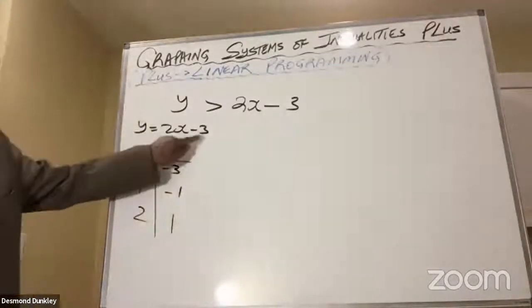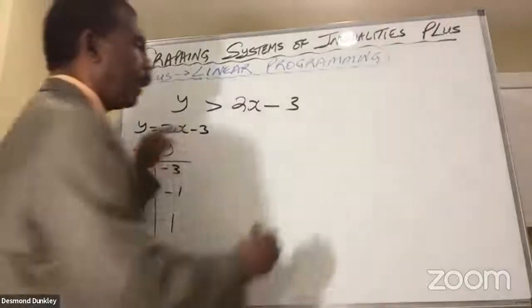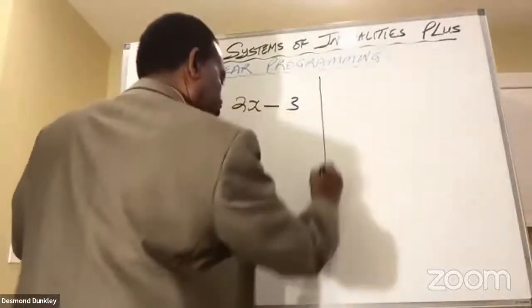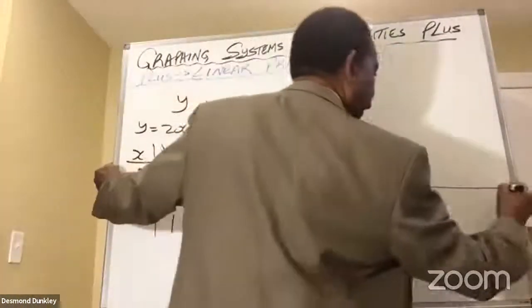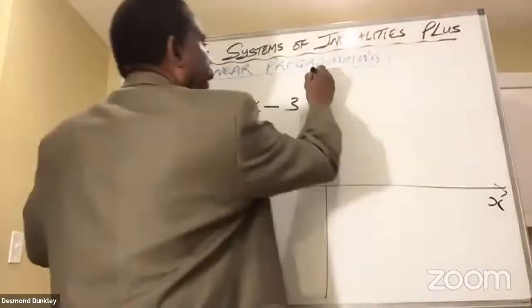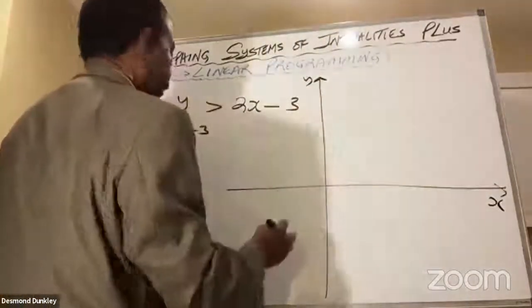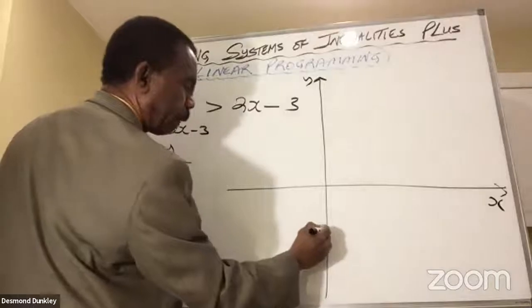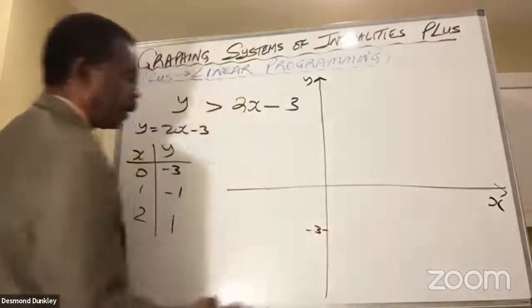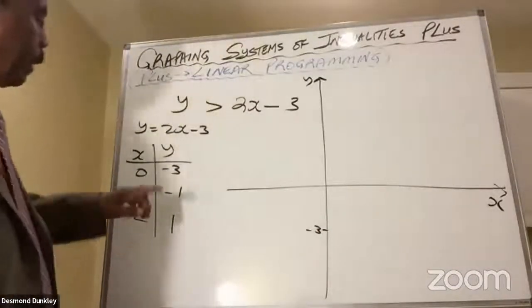I look at this and I know the y-intercept is negative 3. So I say, okay, here's your x-axis, here's your y-axis. This is negative 3. I'm just doing a sketch, so it's not a big deal.